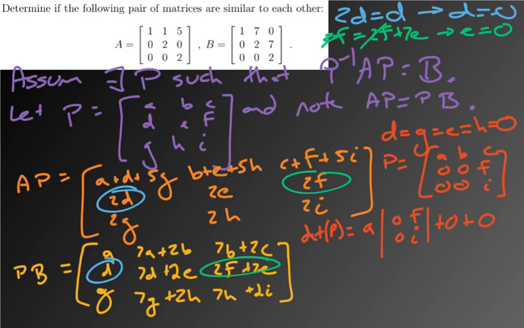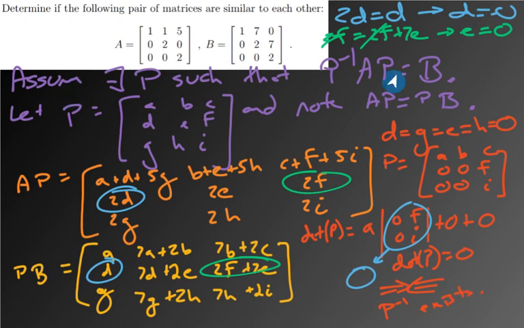But also, and this is a really important part, this determinant is also 0. And so the determinant of P is equal to 0, but that's a contradiction to the fact that P inverse exists. So what we assumed is wrong, and these things can't be similar.